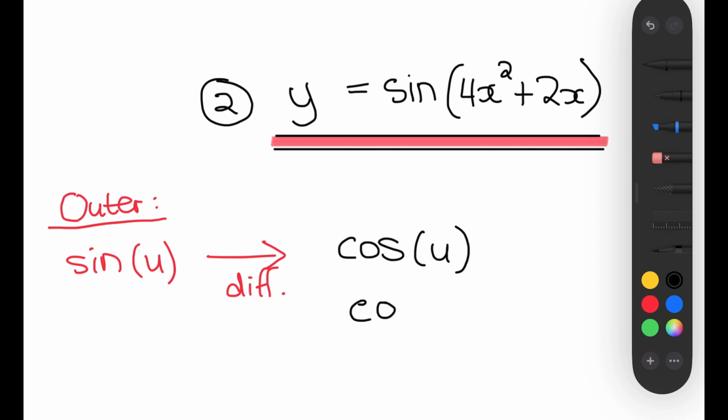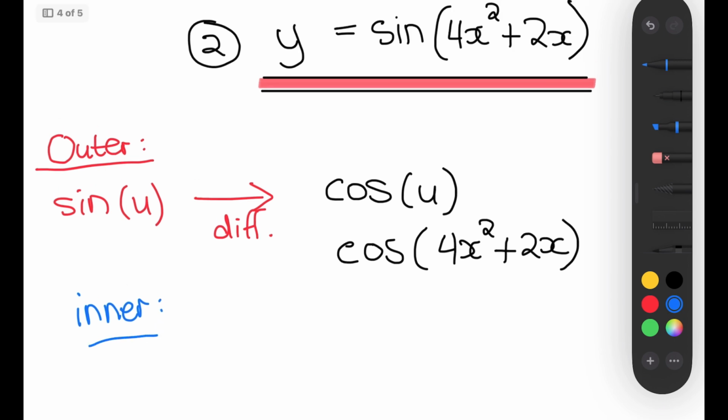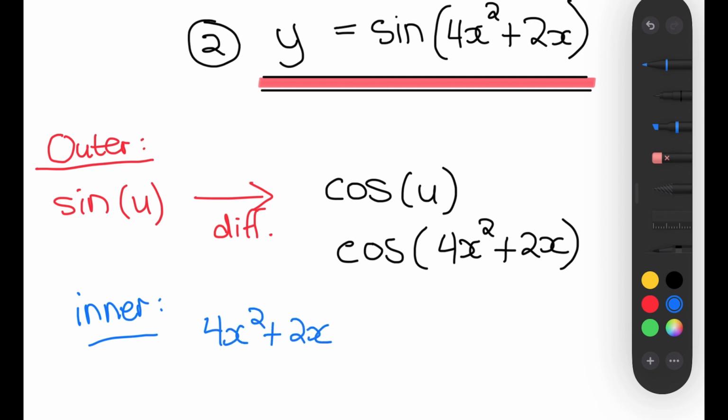And that something is simply our 4x squared plus 2x. That's our outer function. And once we've differentiated the outer function, we move on to the inner function. In this case, our inner function over here is simply 4x squared plus 2x.